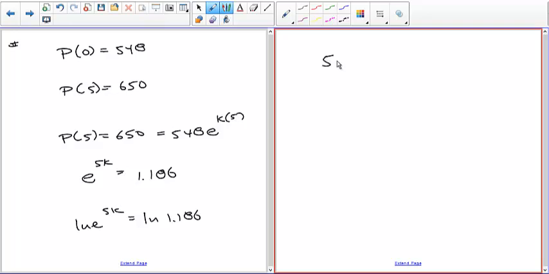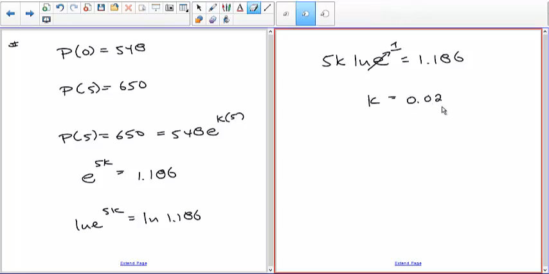That says 5k. You take the exponent out. 5k times natural log of e is equal to the natural log of 1.186. This is 1, so you just divide both sides by 5. So you'll get 0.2372. So that's k.